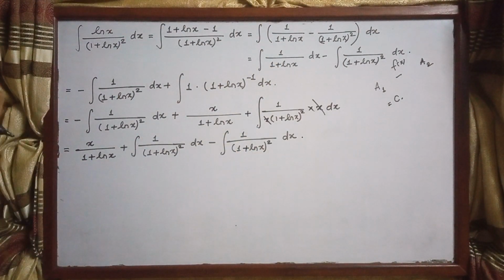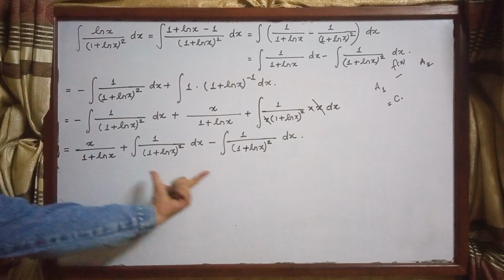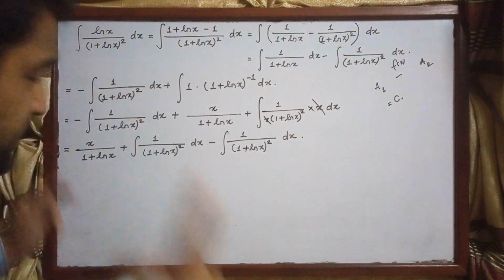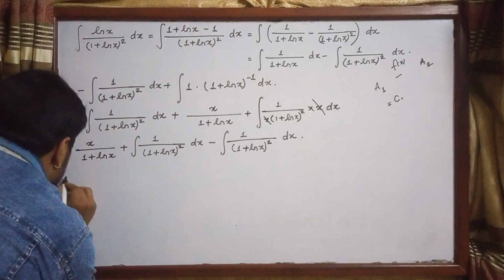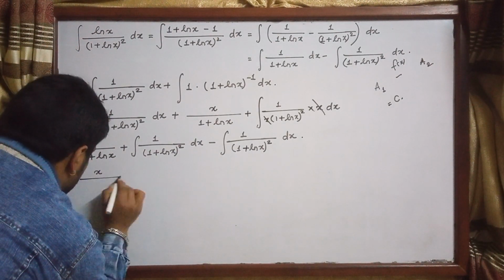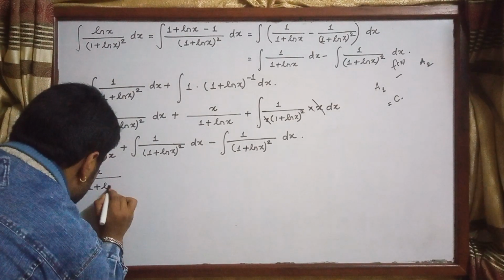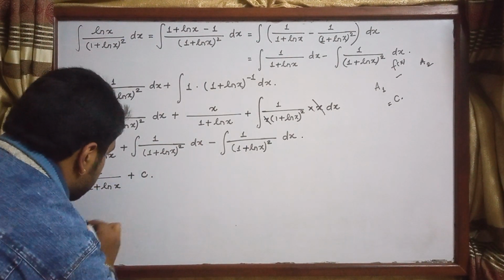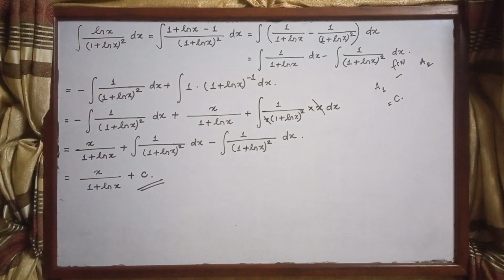That c may be 0 or may not be 0, is what I meant to say. So these two antiderivatives will cancel out to give a constant term, let's say c, and this is our required answer.